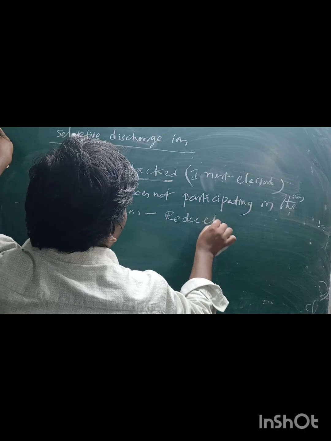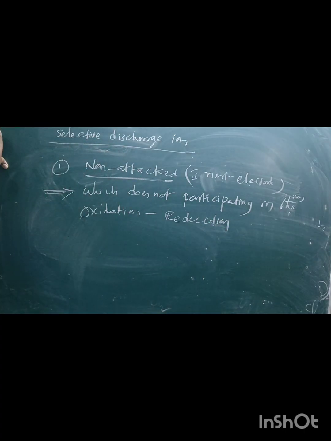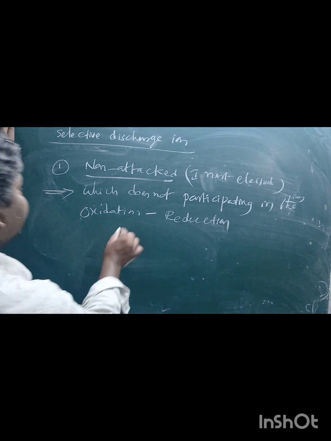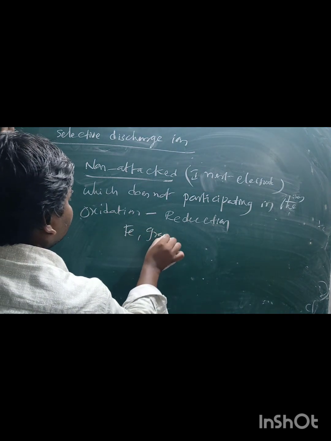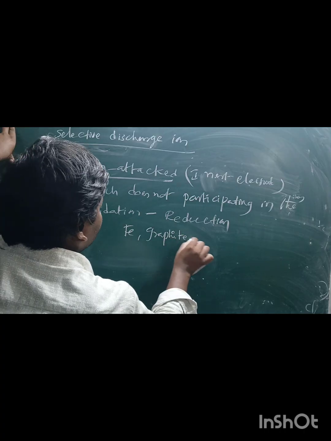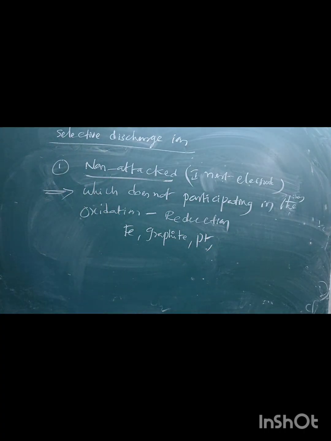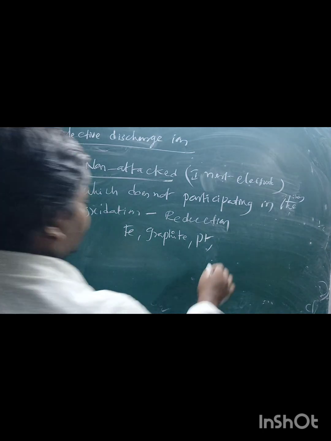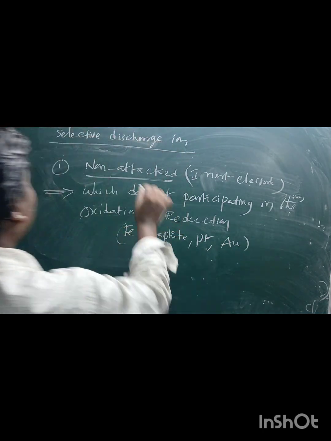Examples of non-attackable or inert electrodes: iron, graphite, platinum, gold, etc. These electrodes do not participate in the redox reaction.